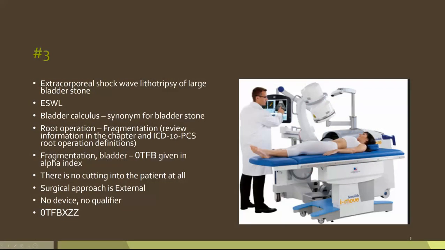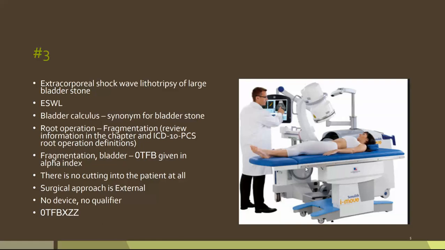For number 3, the patient is having an ESWL or an extracorporeal shockwave lithotripsy of a large bladder stone. Another word for a bladder stone is also a bladder calculus. As noted in your textbook chapter, lithotripsy equates to fragmentation or breaking up of a stone.